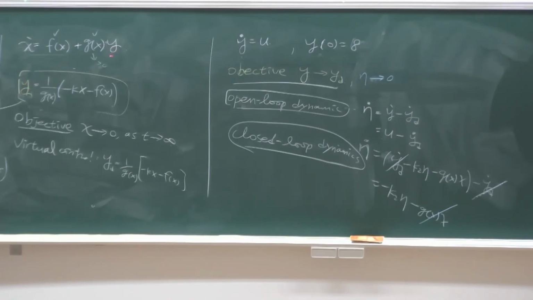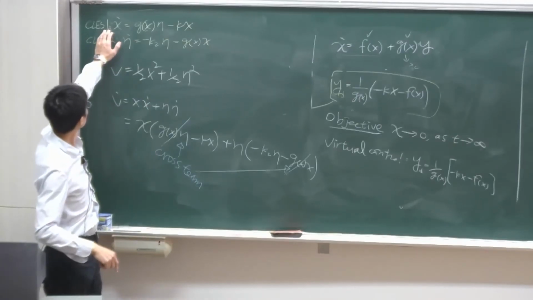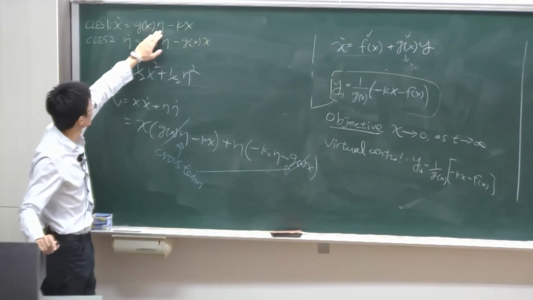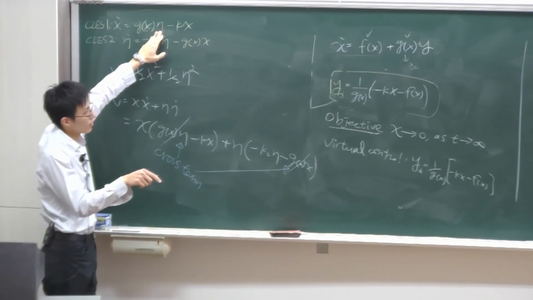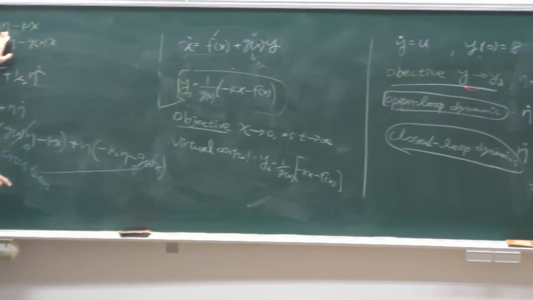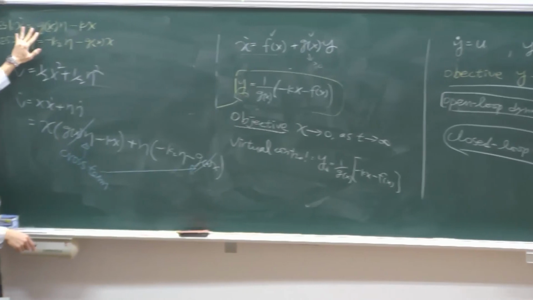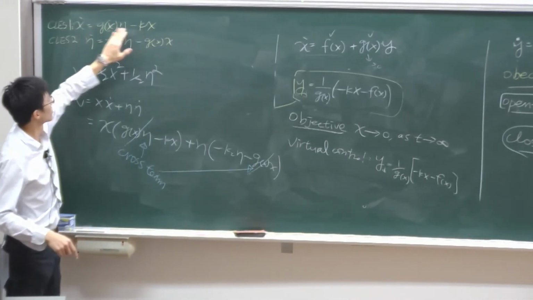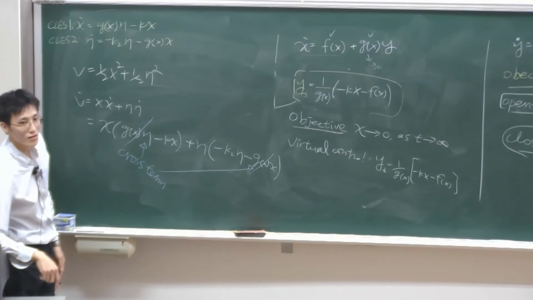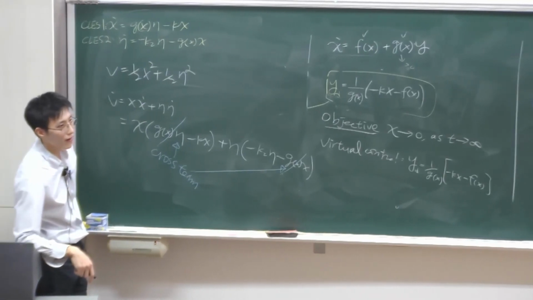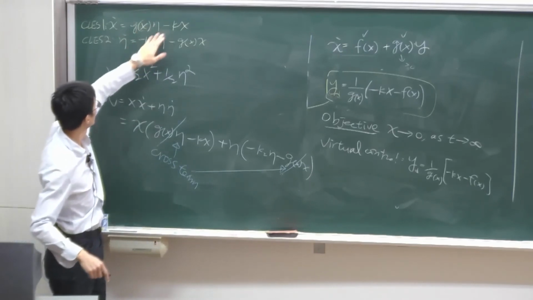If y and yd converge to the same value, with no difference, then x will converge to 0. In this first closed loop system, if eta, which is the difference between y and yd, is 0, this term will go away, and the closed loop becomes a linear feedback system. But if it is not 0, this term will exist.